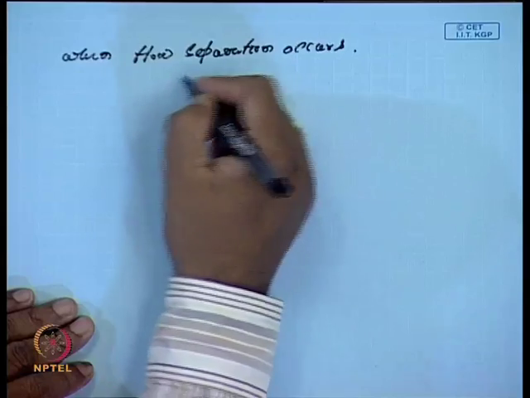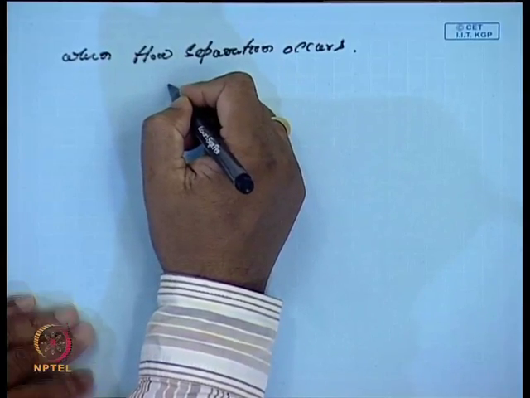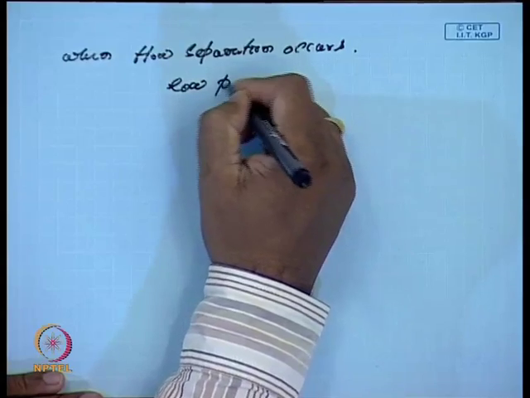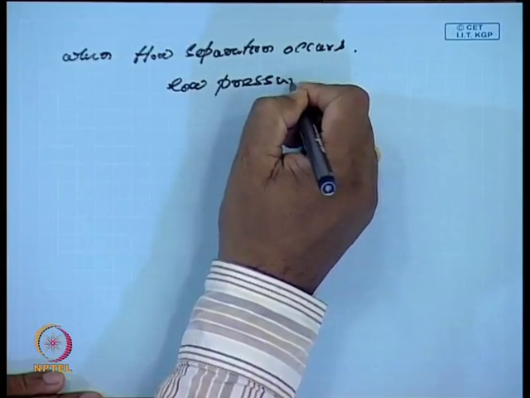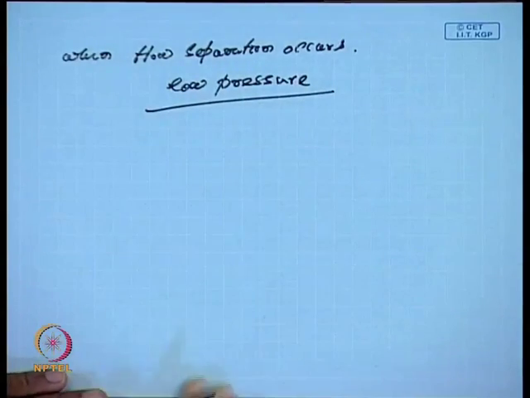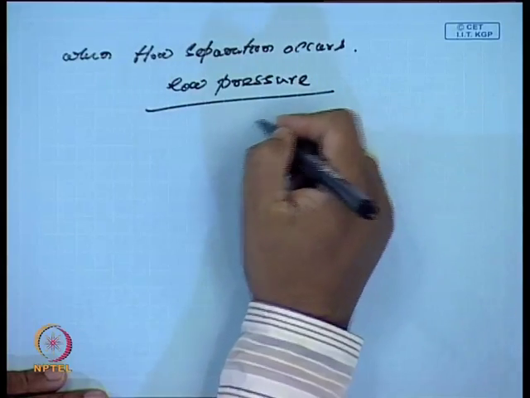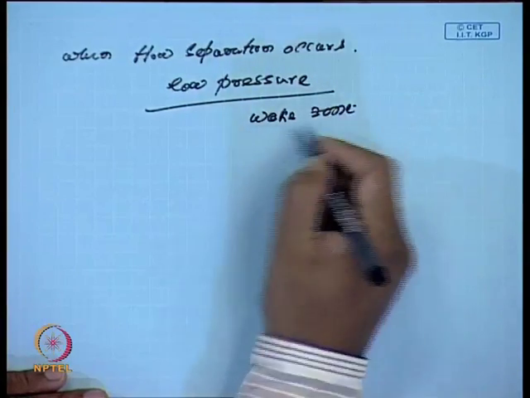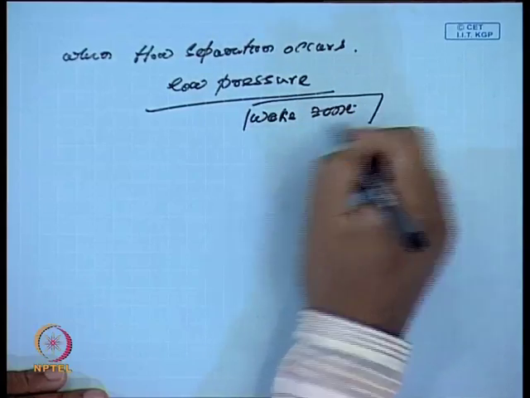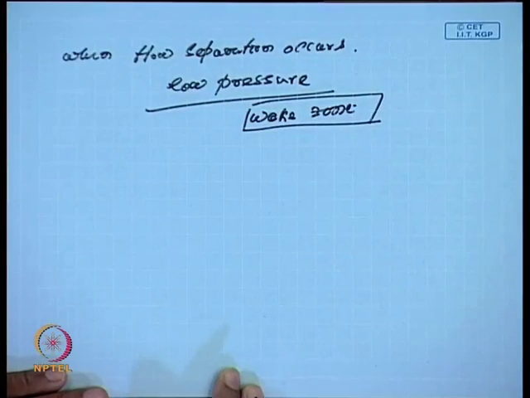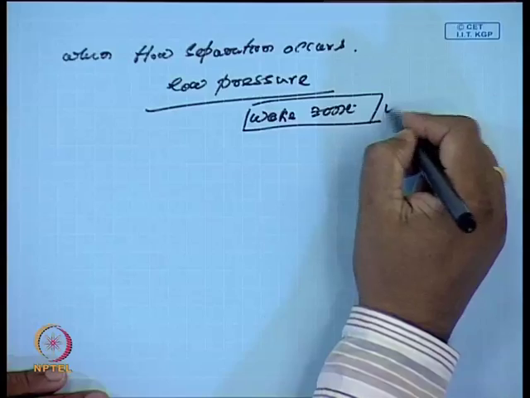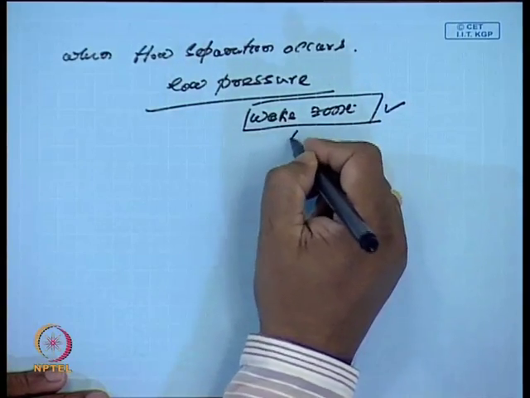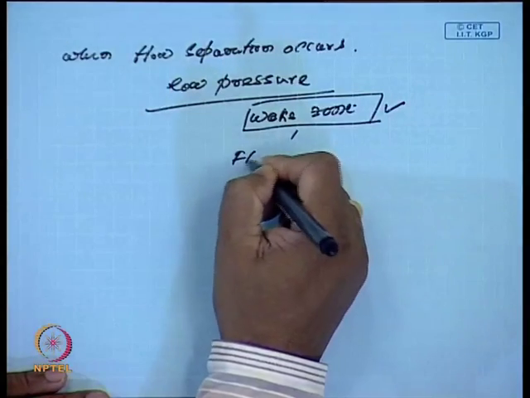It gives rise to a zone of low pressure, and this zone of low pressure is called the wake zone. Just after flow separation occurs, this wake zone is developed. The flow in the wake zone is highly turbulent.